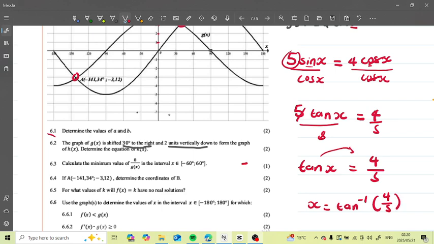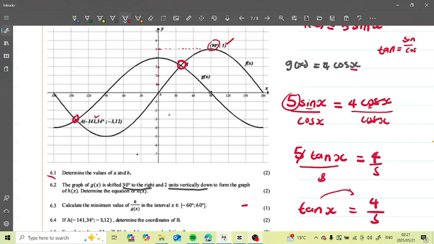So let me just punch this into my calculator. Now this is equal to 38,66. Can you see that this is a different value from that? So basically my x value of my B is 38,66.